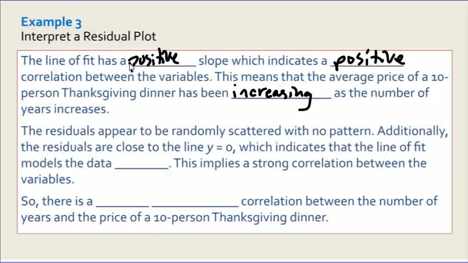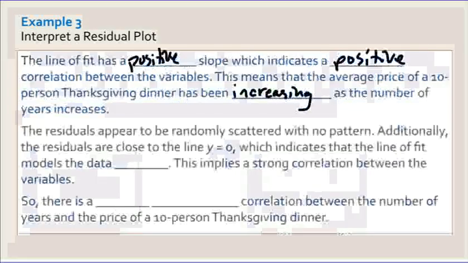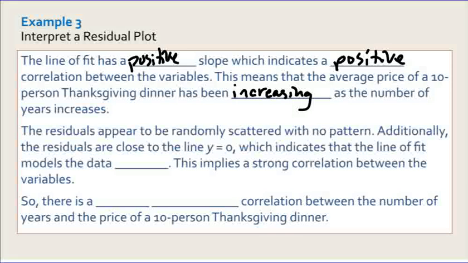The residuals appear to be randomly scattered with no pattern. So if you look at the second one, here's the residual one. They seem to be scattered and there's no pattern. Additionally, the residuals are close to the line y equals 0, which indicates the line of fit models the data well. This implies a strong correlation between the variables.